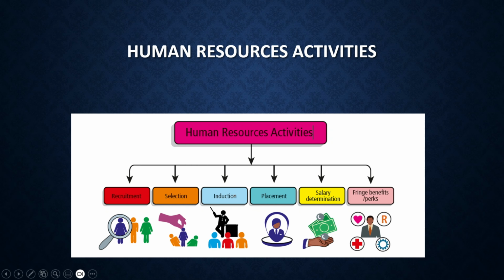So we're going to be looking at the human resources activities, which is recruitment, selection, induction, placement, salary determination, and fringe benefits. So this goes in order. You cannot do induction without doing recruitment and selection first. You cannot do salary determination without doing recruitment, selection, induction. So it basically goes in order.